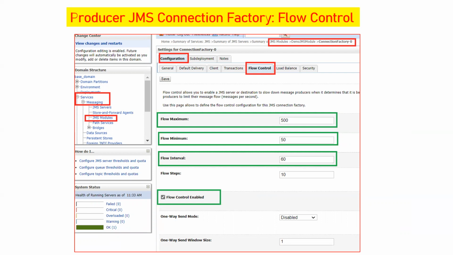For that, go to Services, Messaging and click on JMS module. Inside the JMS module, click on the name of that particular connection factory. In my case it is connection factory-0, which you can see on the screen. Once you click on the connection factory, click on Configuration, and then the Flow Control tab. Inside that you can define flow maximum, flow minimum, and flow interval, and then you have to enable the flow control enable option.